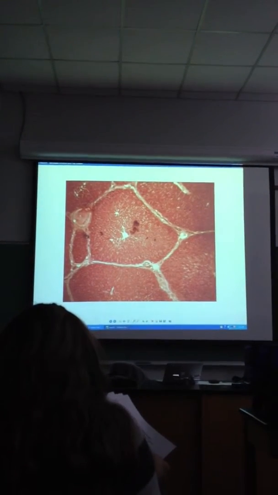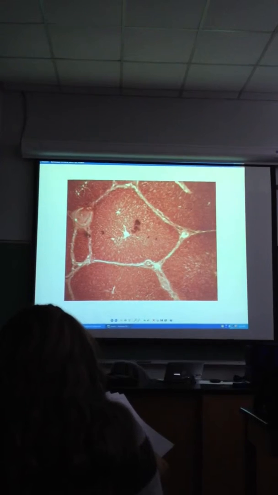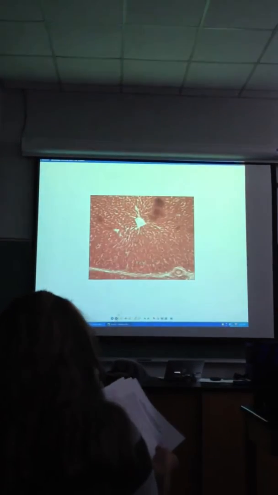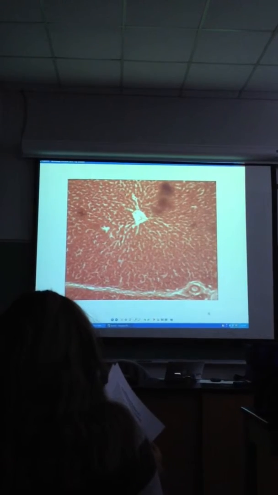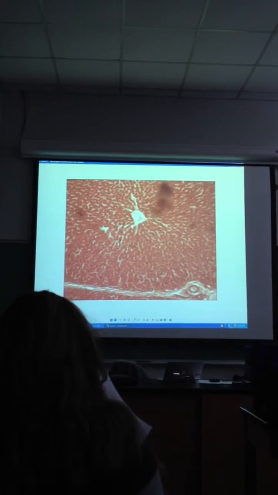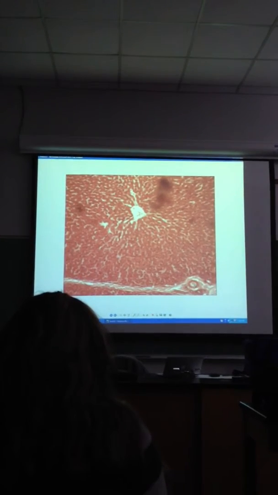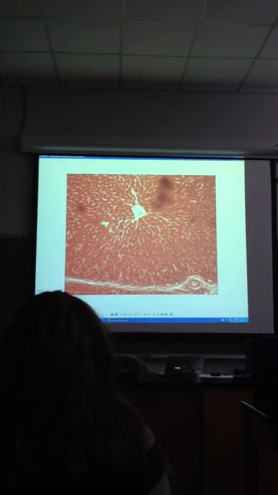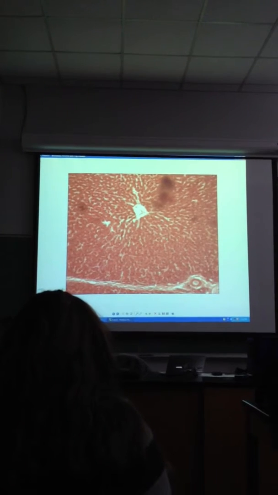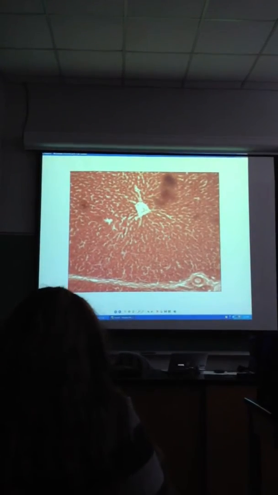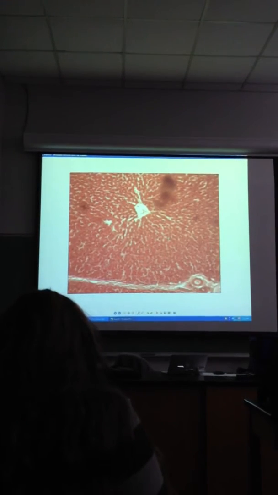The liver lobule, yeah. You will see that in the center here, this area is called a central vein. What's happening here is that blood from the hepatic portal vein and blood from the hepatic artery, once it hits your liver lobule, is going to flow through these little cracks. These cracks are called sinusoids. Now, the blood from the hepatic portal vein is going through your liver in order to be detoxified, cleaned up.